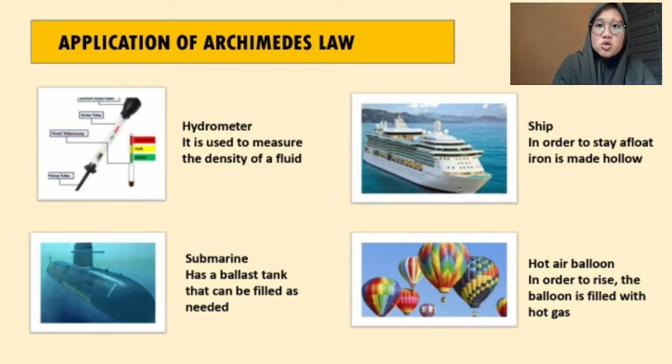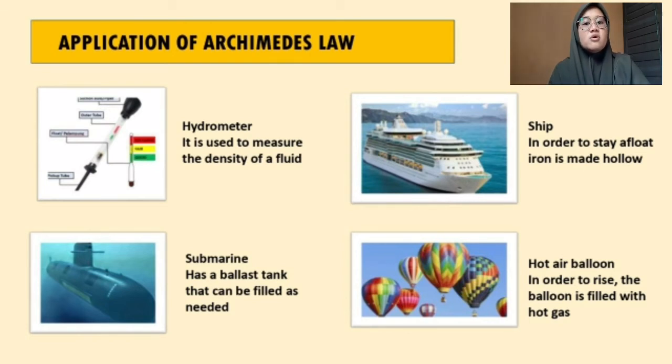What do you know, guys, about how hot air balloons work? Okay, first, in order to rise, the balloon is filled with hot gas, so that the volume increases. The volume of displaced air becomes large. Buoyancy force is greater than weight, and the desired height is achieved, so that the hot air balloon floats.